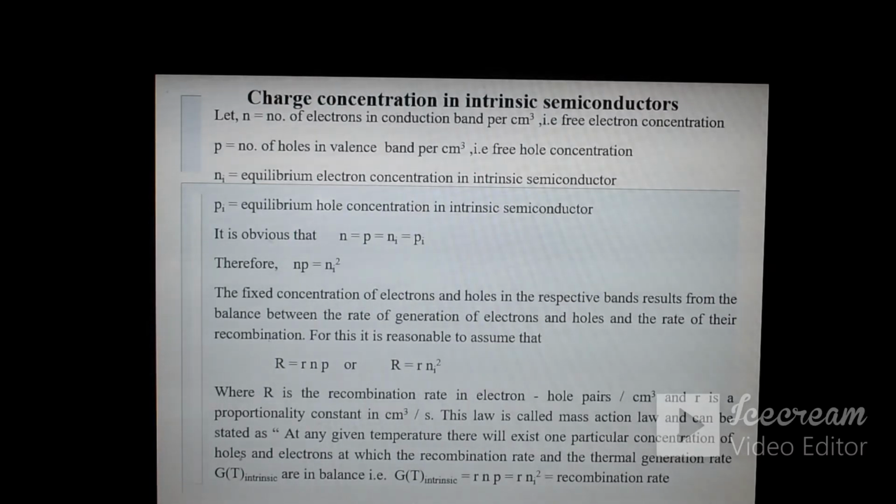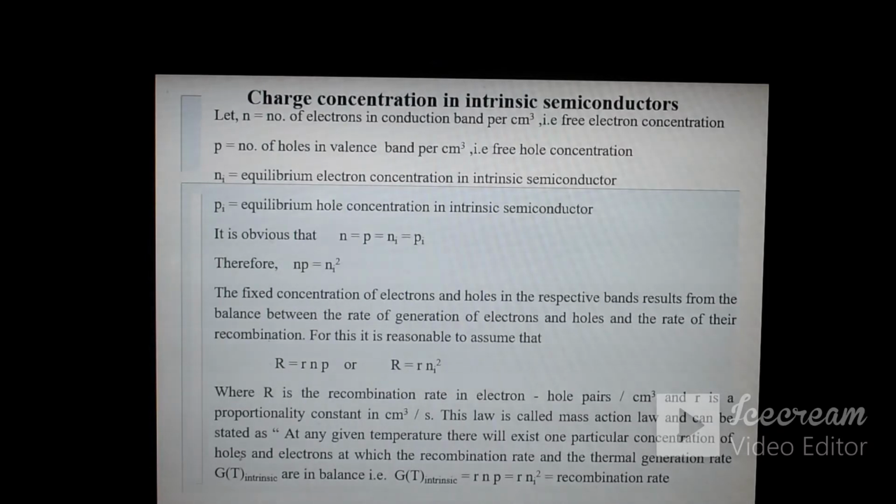Thus, obviously, n equal to p equal to ni equal to pi. That is why np equal to ni square, because n equal to p, n equal to p equal to ni into ni equal to ni square.